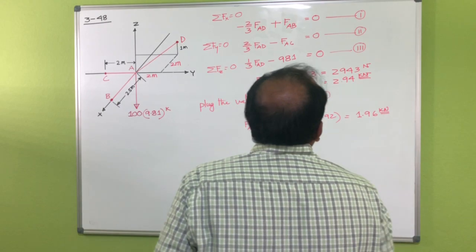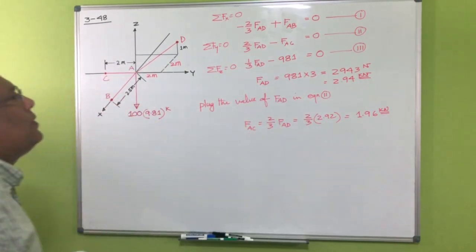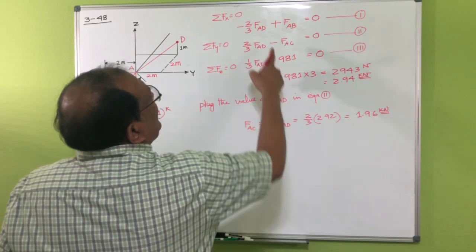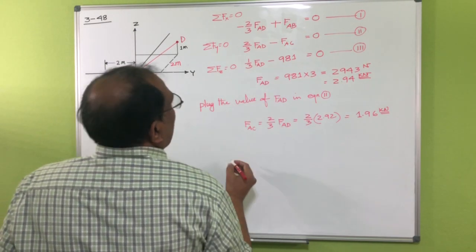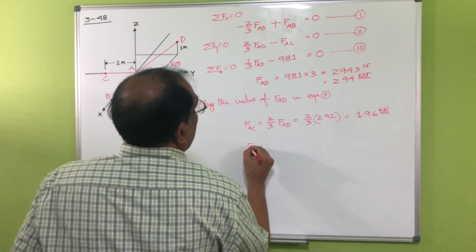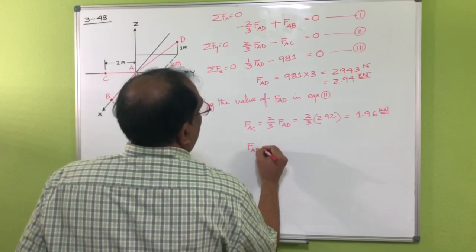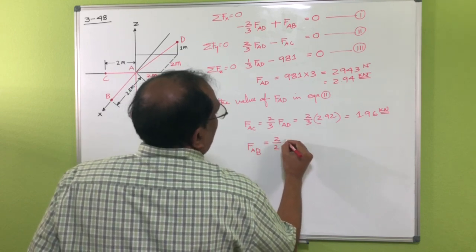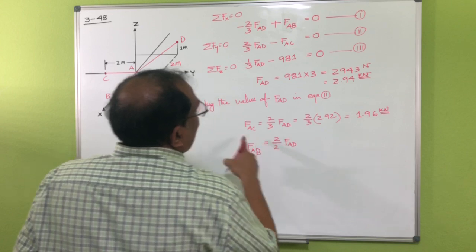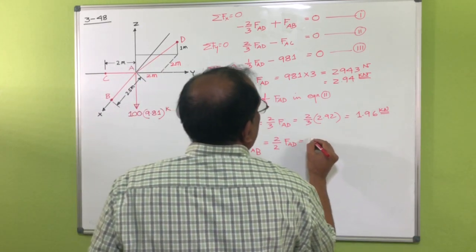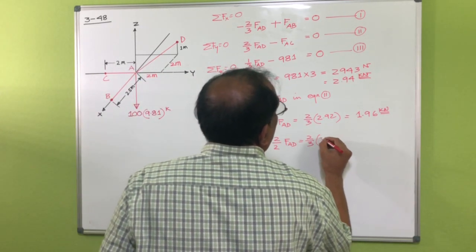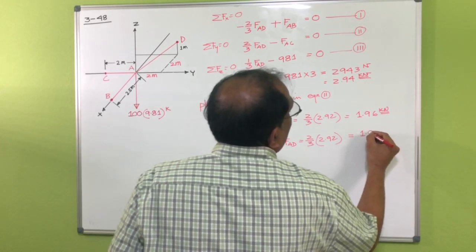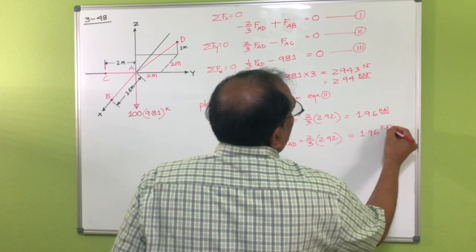Similarly, if you plug the value of FAD in equation 1, then basically you see FAB is equal to 2/3 of FAD, so that would be 2/3 of 2.94, which is 1.96 kilonewton.